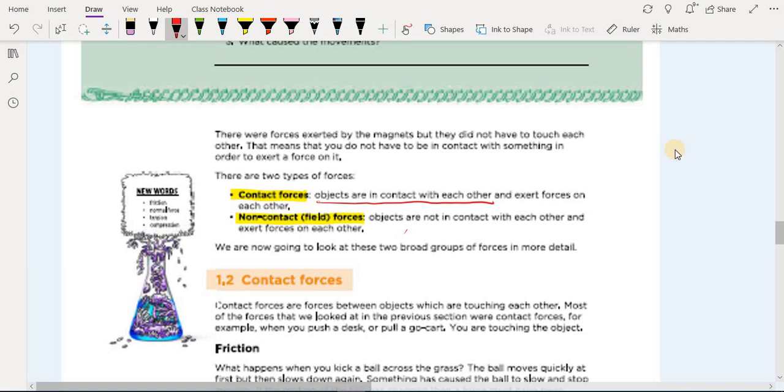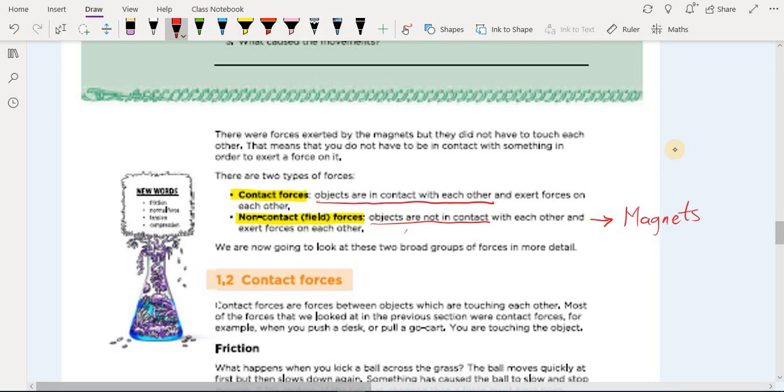For non-contact forces, objects which are not in contact, and they exert forces on each other. And let's think about examples of non-contact forces. I'm sure you've played around with magnets.